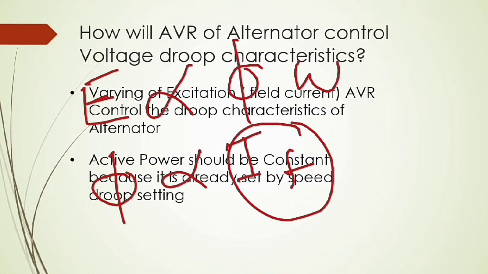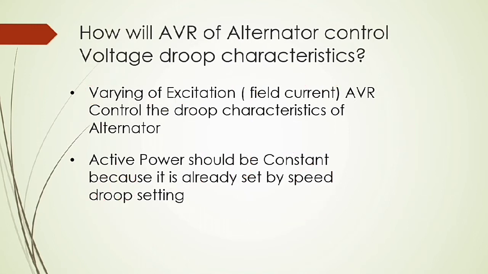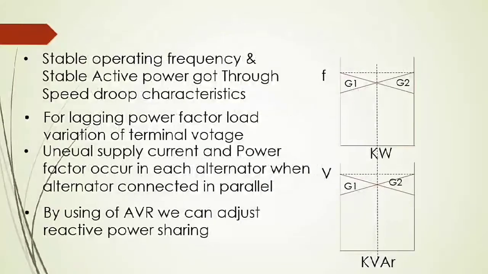Okay, but we have one condition during this action, that is, active power should be constant. Because in my previous slide, let me show you again, here we control the active power sharing by using speed droop characteristics. So we cannot disturb that setting.